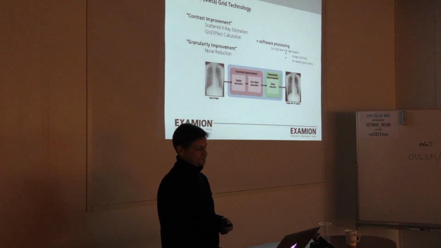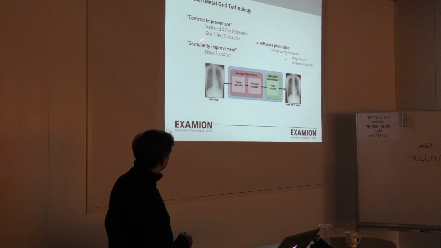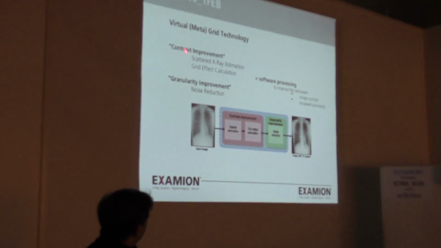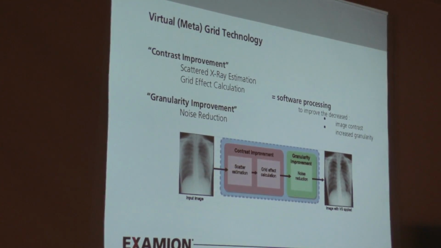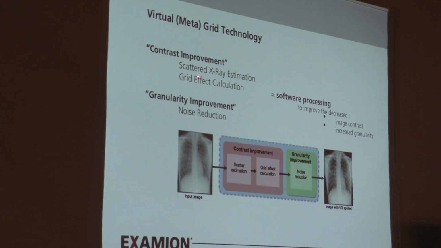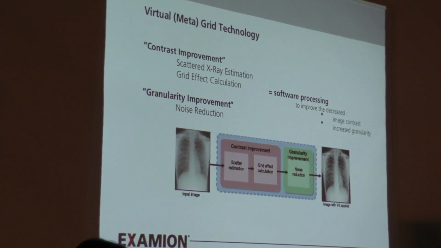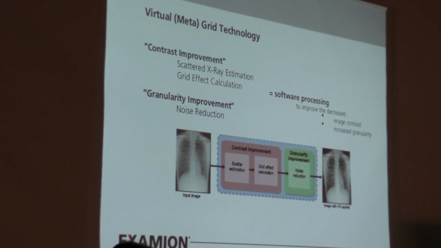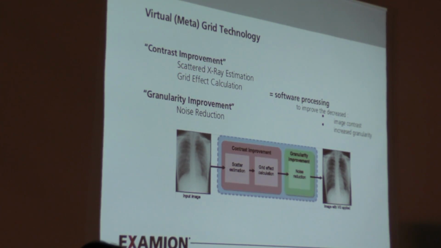With the virtual grid, you will see that we have created two algorithms, one for contrast improvement, which estimates automatically how much scatter is produced on an image. Then we try to imitate with the algorithms the effect of a grid. That's one.